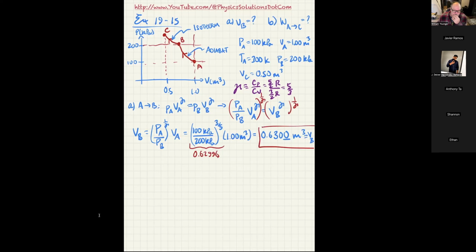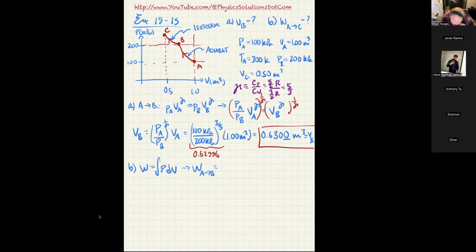Now, the other thing we're supposed to answer is to figure out exactly what the work done is. The pressure P at any instant during an adiabatic process can be solved using this adiabatic formula. So we just have to do work equals the integral of P dV. In this case, we need work from A to B, and it's an adiabatic process.